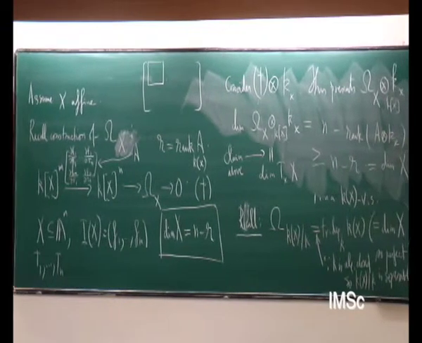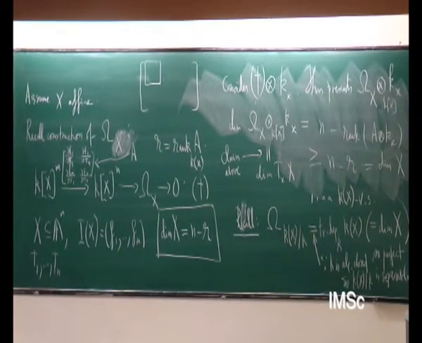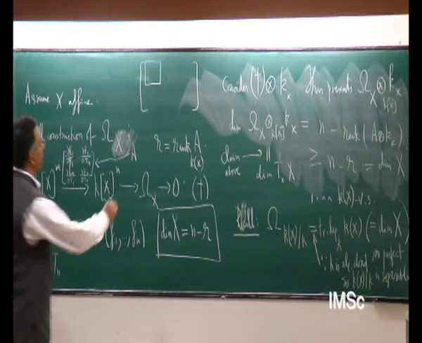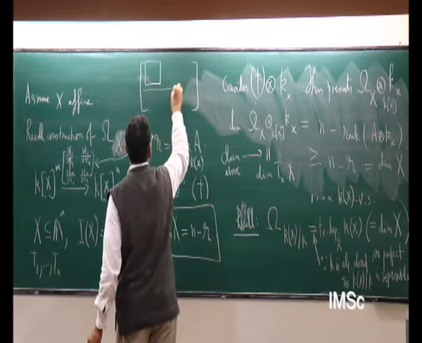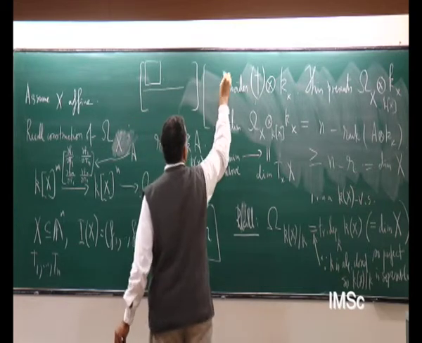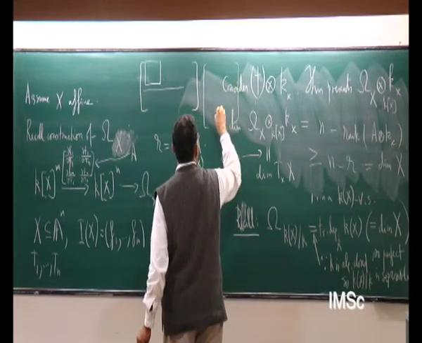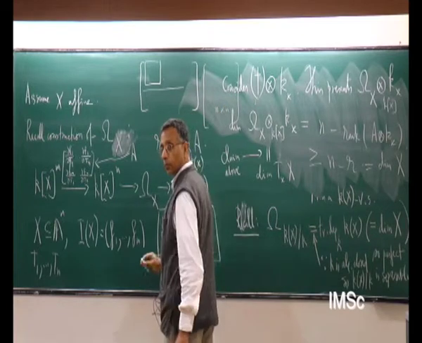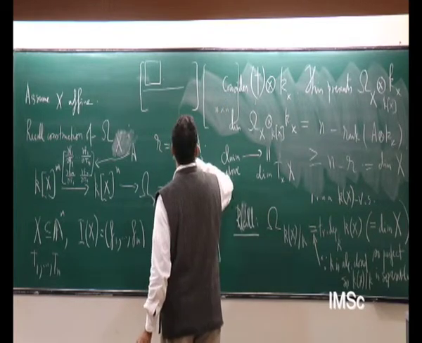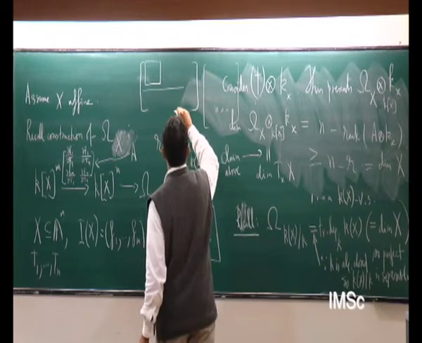And as Shayanta helped us with that argument, I can multiply on this side with an n cross n matrix, and let's make it block.